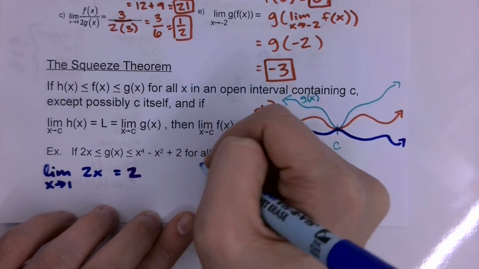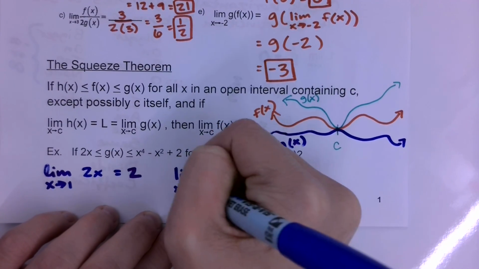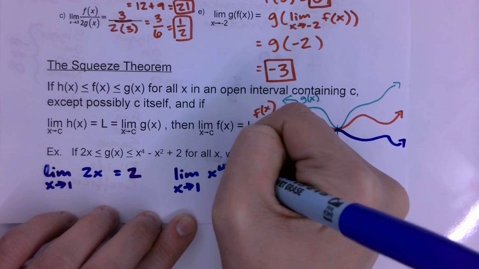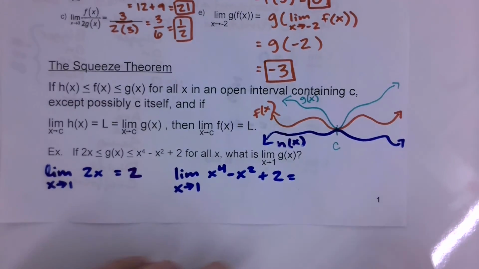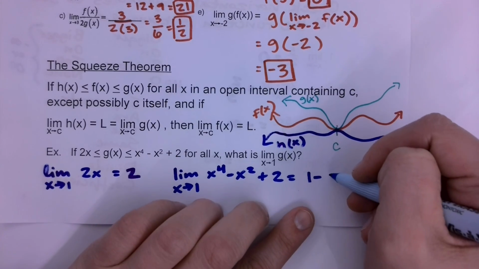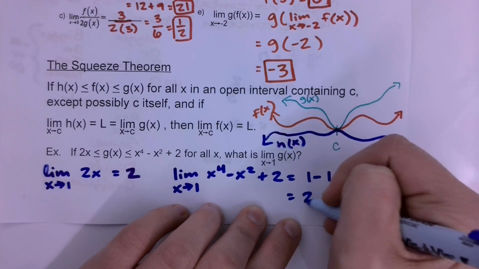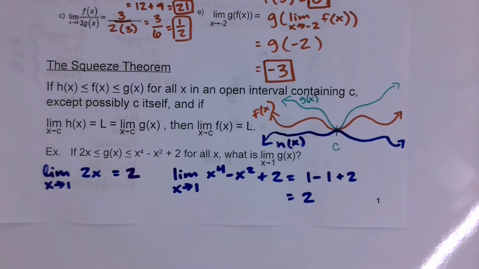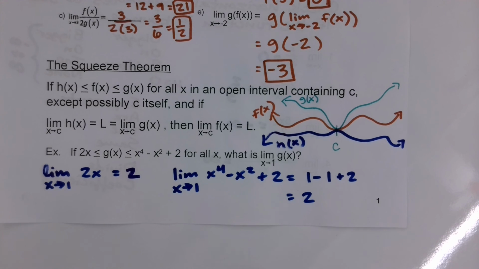Same thing for the other function. So this might take a little bit more doing, but not much. Okay, so we get 2 for that one as well.